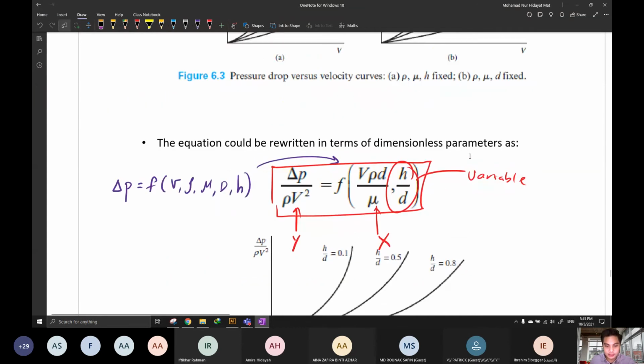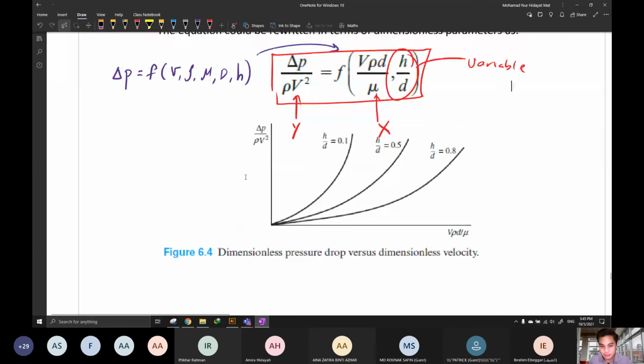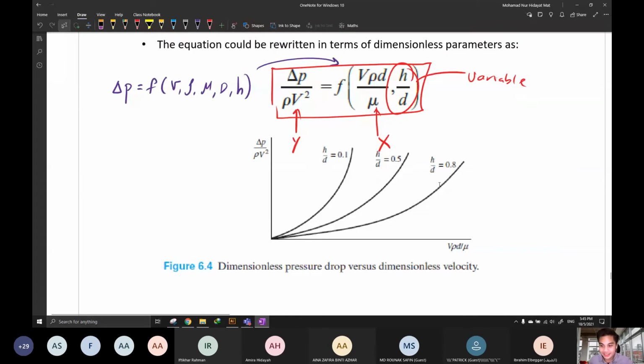You don't have to conduct a series of experiments. Because they use the ratio to discover the correlation between the independent variable and the dependent variable. This is independent. This is dependent.